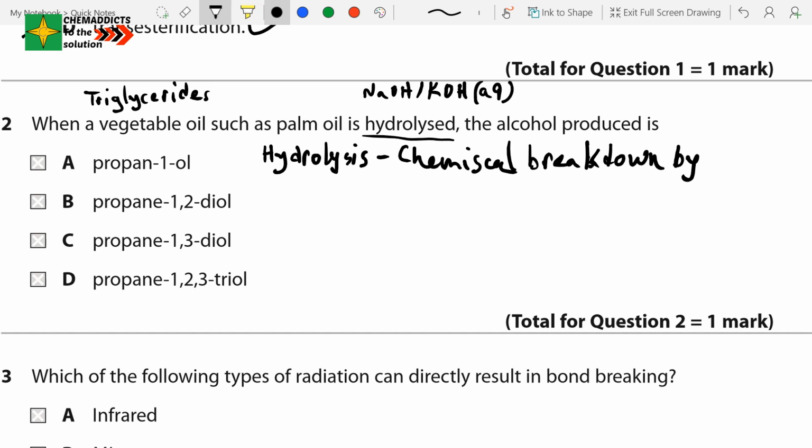I have written chemical with a spelling mistake. Okay, now it's right. So hydrolysis simply means chemical breakdown by sodium hydroxide or potassium hydroxide.